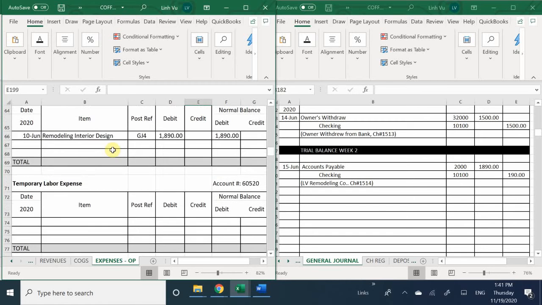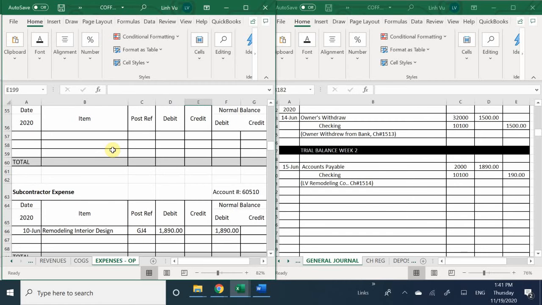So yes, because it's in there under the subcontractor expense. So do we have to do another transaction stating that we paid it to wipe that debt away in that category?